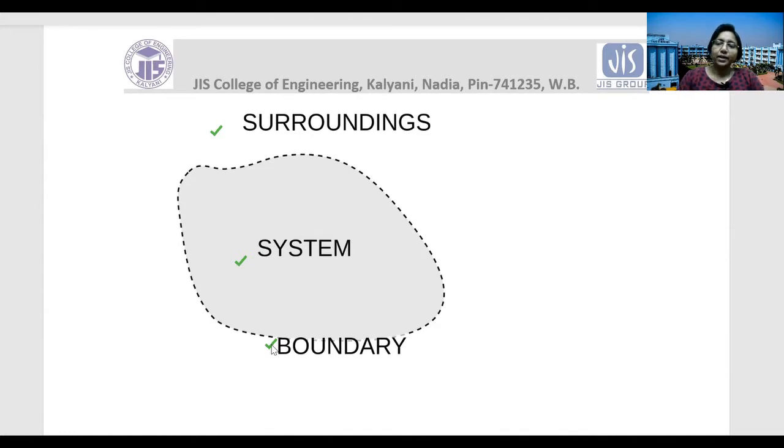As I told, we can take the small room, the whole house, or we can consider the city as our system. With respect to the rest of the universe, we can consider the total country with respect to the total universe. In this way, we can take different kinds of systems. And this is the boundary and this is the surrounding.